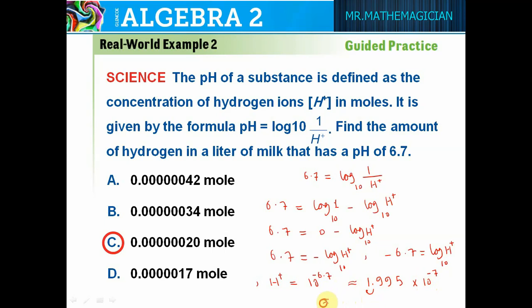So this will give you 0 point, then 6 zeros, and 1995 rounds to 2. So really 0.000000 then 2. This is the accurate choice.